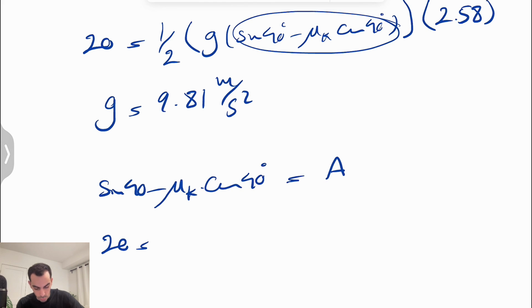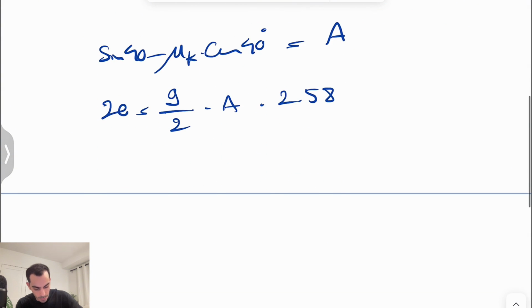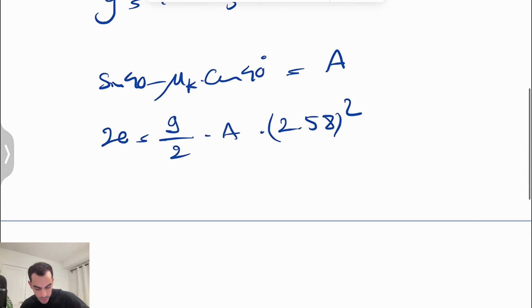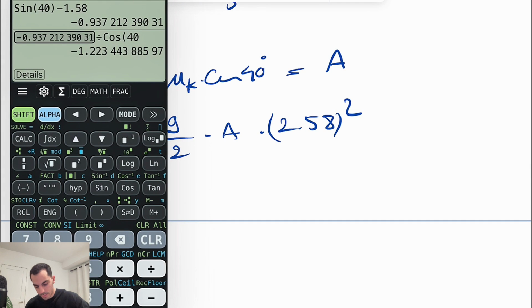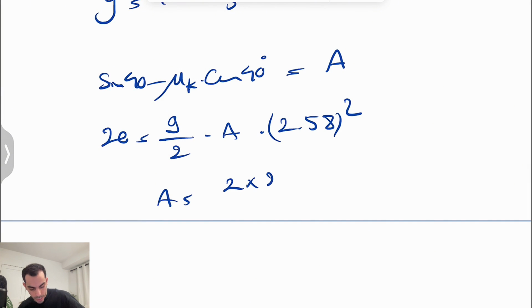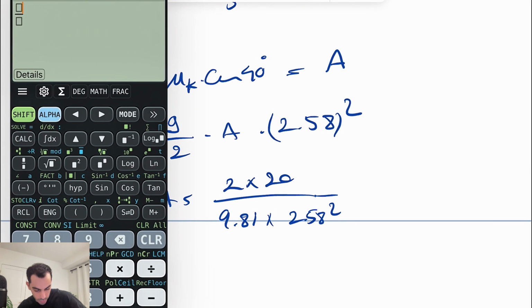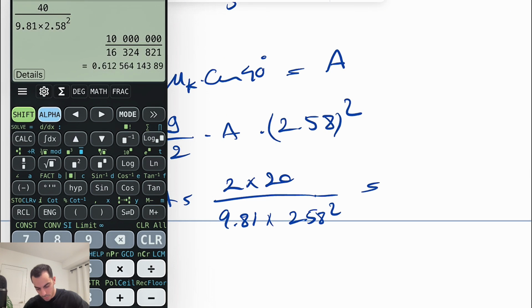So basically we have 20 equals g over 2 times a times 2.58 squared. So let's calculate this. Here our a would be 2 times 20 over g, so 40 in the numerator, and in the denominator 9.81 times 2.58 squared.